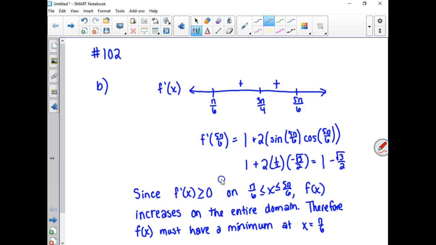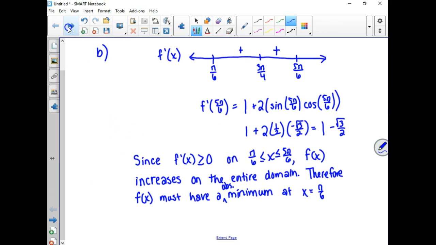Because if the function is increasing on its entire domain, then the lowest point has to be that starting point. So this gives you your answer. So x equals pi over 6 is your absolute minimum. We should put absolute minimum for this function.